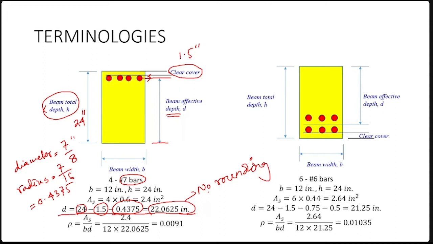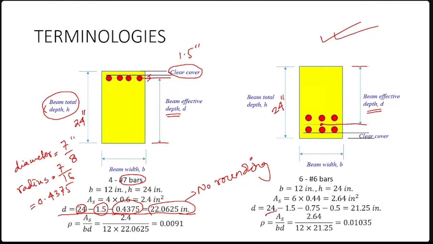So now you should try to get the effective depth of each and every beam that I have in this PowerPoint. For example, for the next beam on the right side, you calculate the distance from the bar centroid. We have 2 rows of bars. The centroid must be here. From the bar centroid to the opposite side of the beam surface is the effective depth. If the total depth is 24 inches, how do you calculate it?